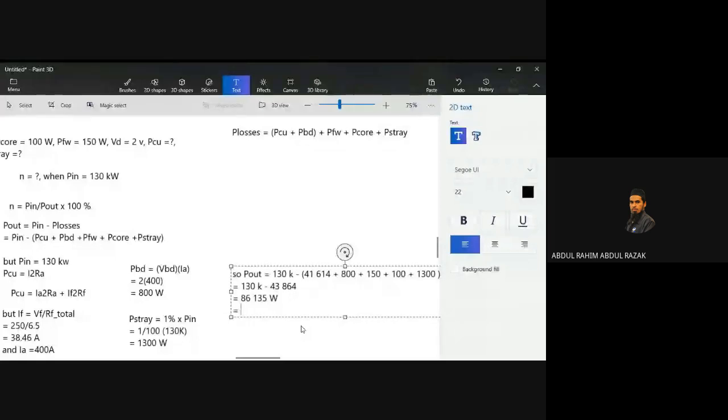So this is the final P out value. And this is your P out.